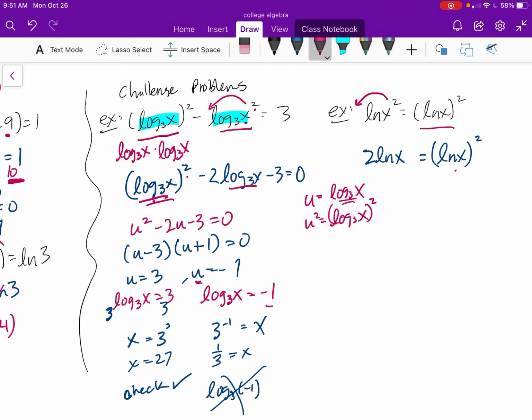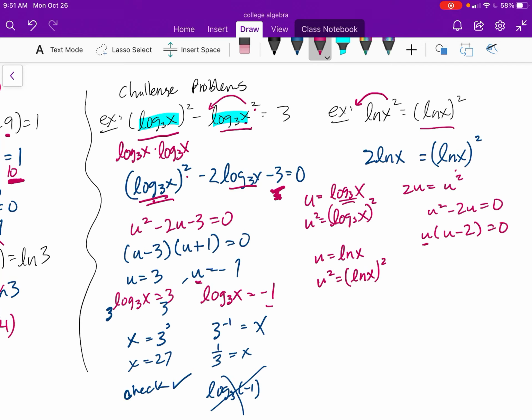We're going to use the same u substitution technique on the right side. If I say u is ln x, then u squared is ln x in parentheses, squared. So if I had that, then it's still a quadratic. I don't have the constant term. I would just have u squared minus 2u equals 0, but we still need to solve it like a quadratic.